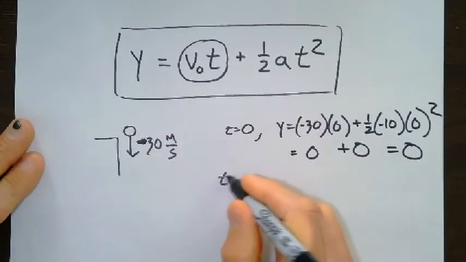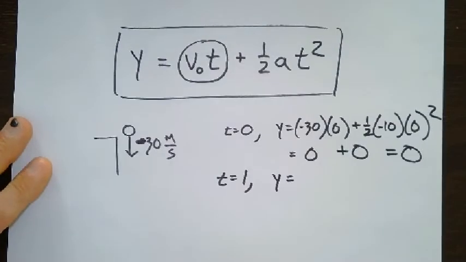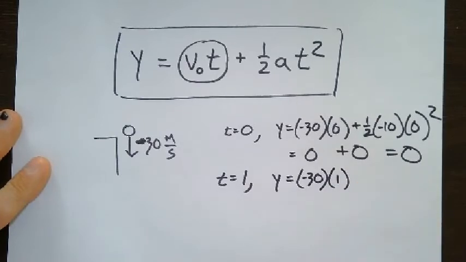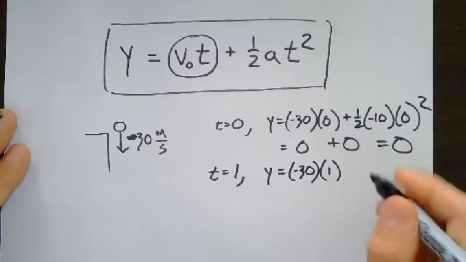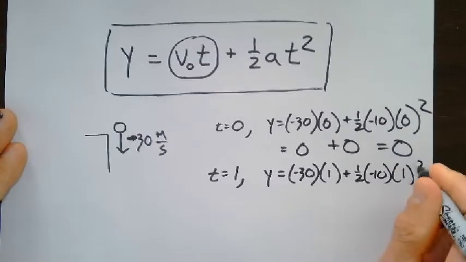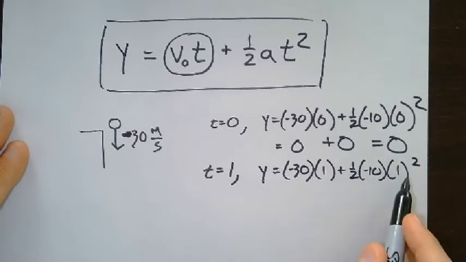Well, things get interesting when time goes by. So for 1 second, you would take, again, negative 30, but now you're multiplying it by 1. And then you add plus 1/2 times negative 10 times 1 squared.